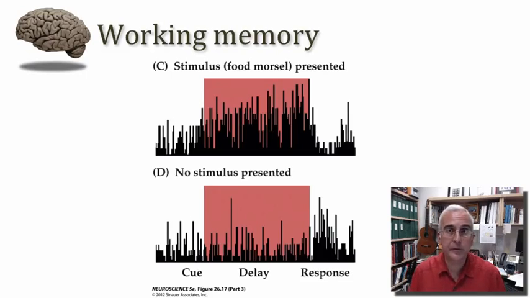Now, once this dorsolateral associational network is fully mature, it plays an important role in making use of prior experience, prior information, to guide subsequent behavior.